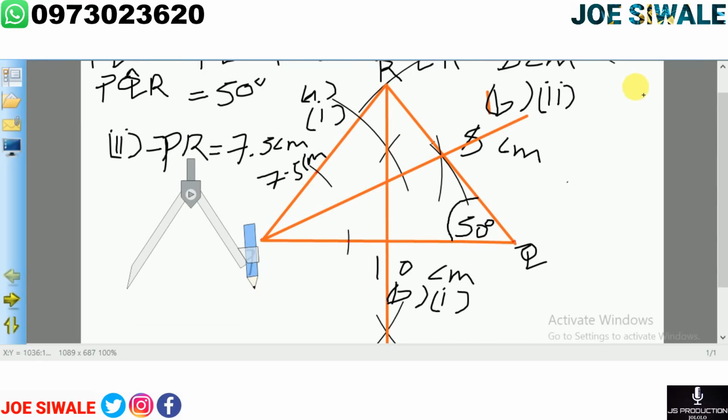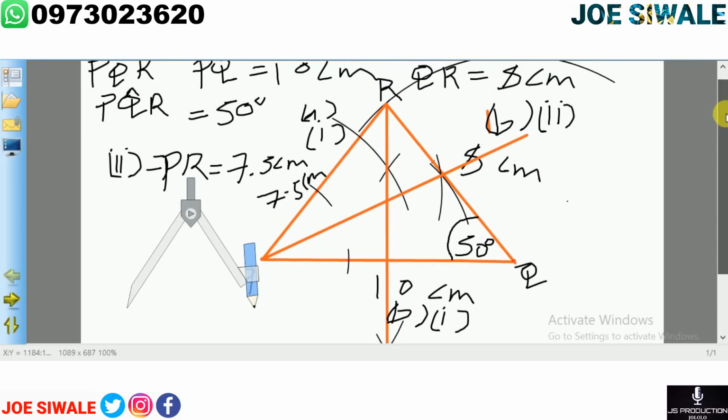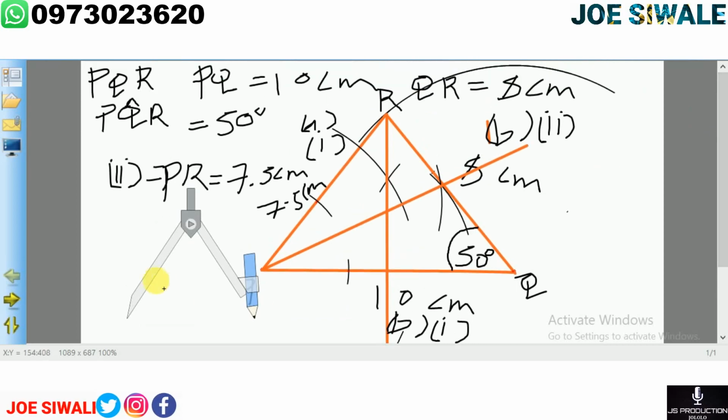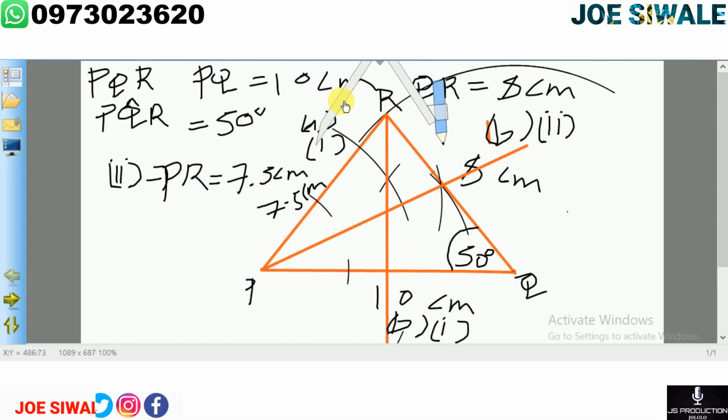So after doing that, I'm supposed to put my compass on point R. At point R, and since I'm drawing the locus of points within the triangle, I'm going to draw the locus of points below and not above.